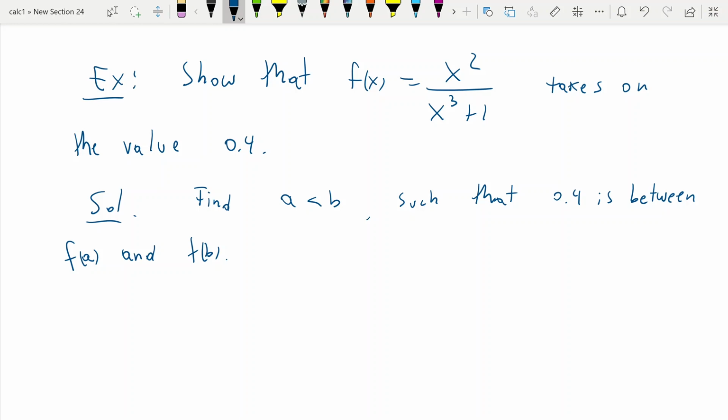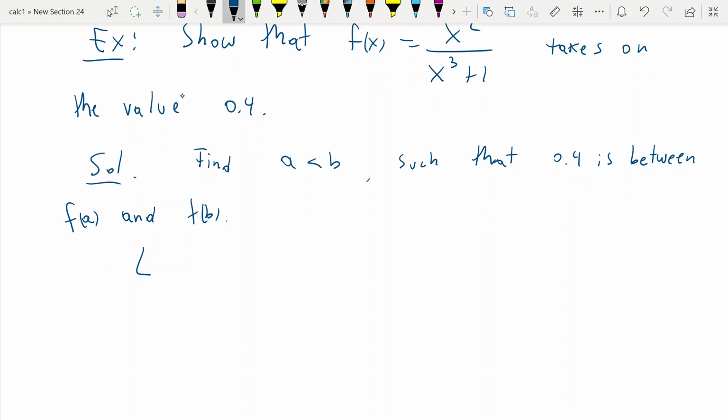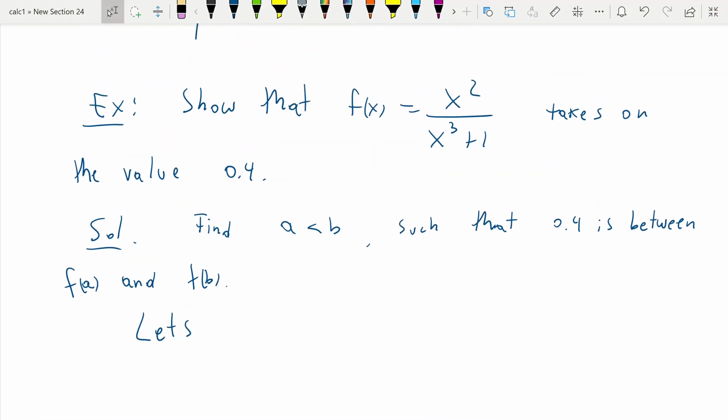Well, if you look at this expression, you'll realize that when x is equal to 0, this expression takes on the value 0, since the numerator becomes 0. And then what about 1? When x is equal to 1, the numerator is 1, and the denominator is 2, which is 1/2, or 0.5, which is slightly greater than 0.4.